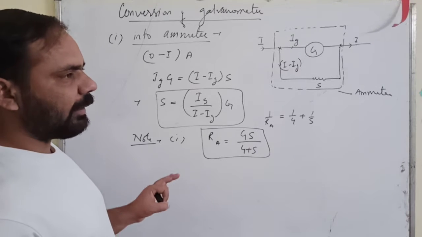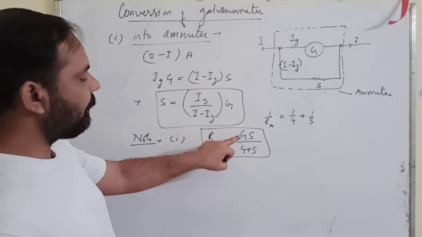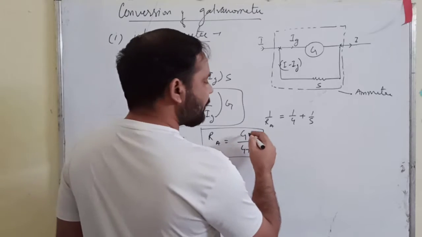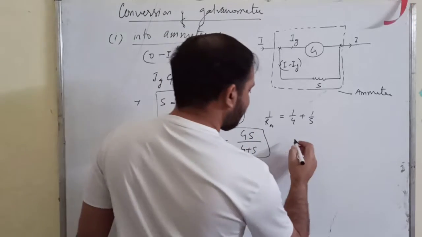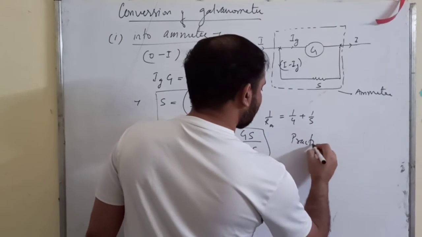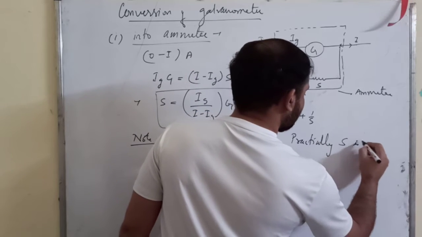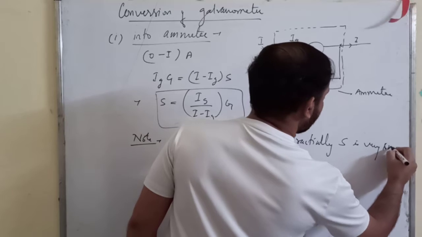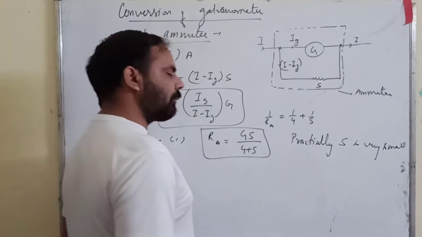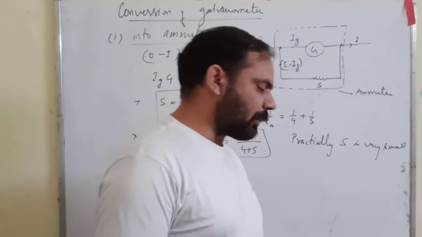Now practically, what we do is we keep this shunt resistance very small. S is very small. Why do we want to keep S very small?